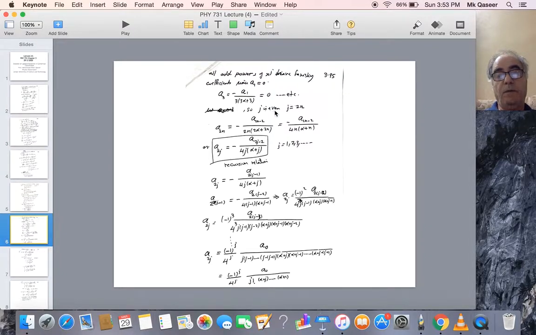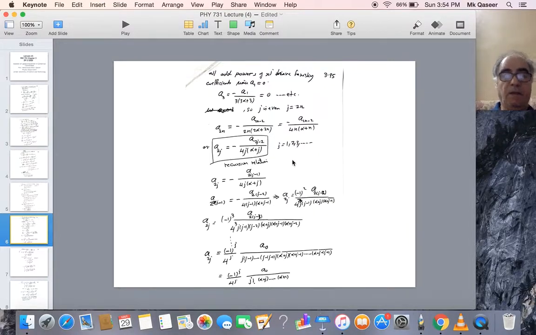Now we are left with j as an even integer. By letting j equal 2n, we get this expression for the recurrence relation. Pushing this 2 outside, we get 4n times alpha plus n in the denominator. So now replacing n by j, we get this recurrence relation where j can be 1, 2, 3, etc.